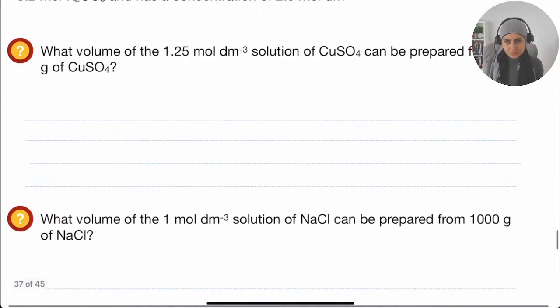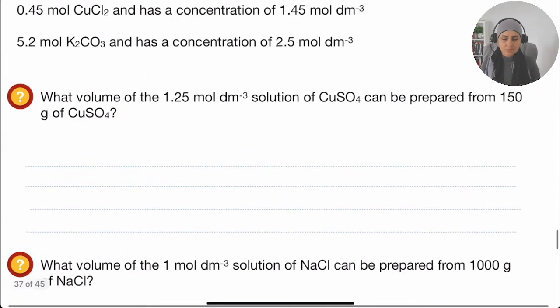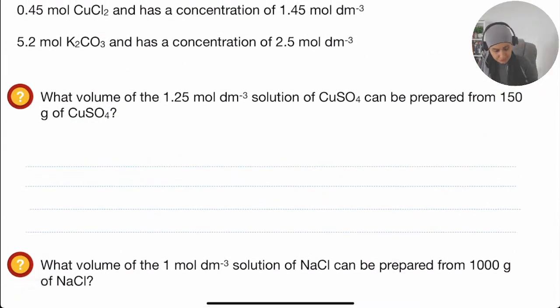What volume of the 1.25 mole per cubic decimeter solution of copper sulfate can be prepared from 150 grams of copper sulfate? So we know that to find the volume, we need to do moles over concentration, but we don't have moles here.